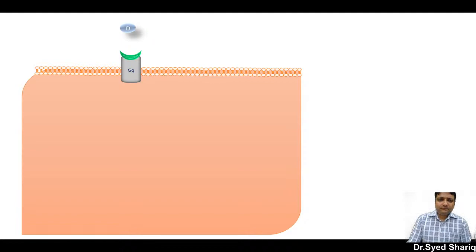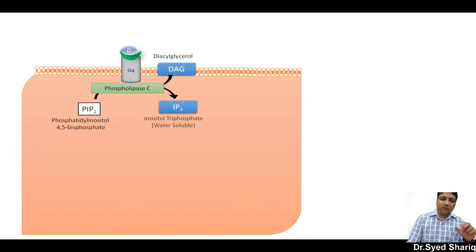Now, just a very quick look at what is actually happening at the level of the cells. This is not very important for you, but I just want to give you an overview of what is happening in the cell and what contraction actually means here. This oxytocin receptor is a Gq receptor. The drug will bind to this receptor. It will activate phospholipase C, and phosphatidylinositol 4,5-bisphosphate breaks down into two parts, DAG and IP3.